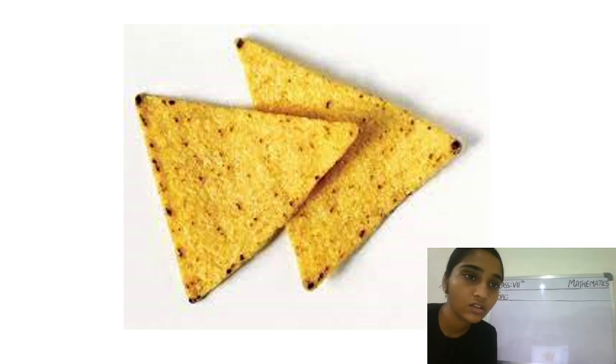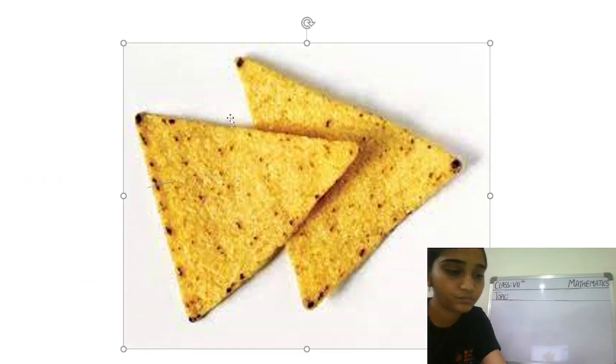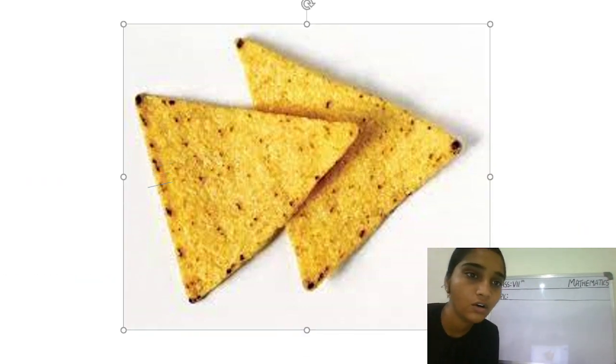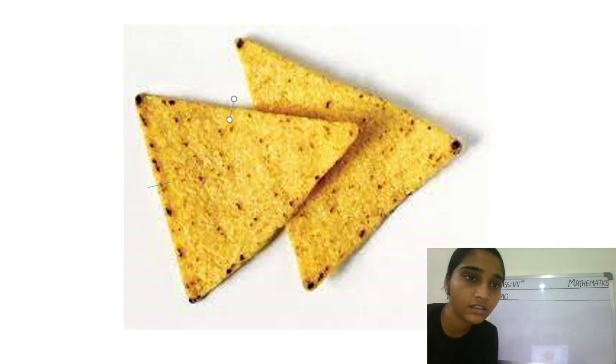Very good, students. So in this way we can represent it like this: this side is equal to this side, or you can say all the sides are equal, and this is equal to the third one also. In the first one, all the three are equal, but in the second, you must be wondering that these two look equal to us, but the third one is not equal.